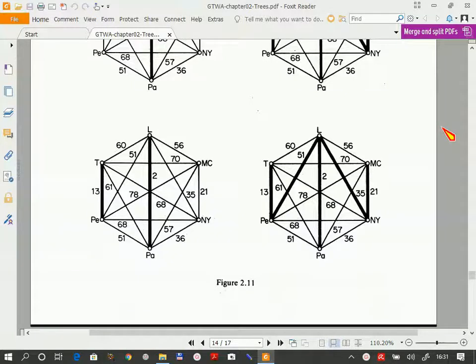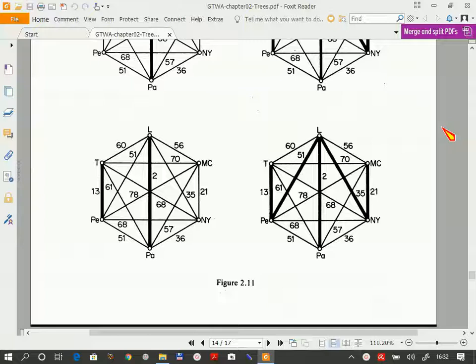We have this, which is 2. So I choose it, and I put 2 for saying this vertex has distance 2 from my important vertex. Next, I have 36, 57, 61, 51. What about here? 2 plus 56, 2 plus 35.